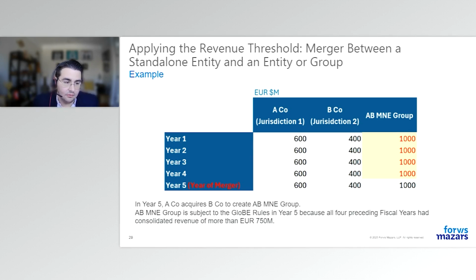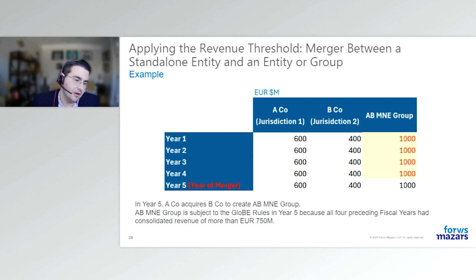Again, keep in mind, none of these standalone entities have ever been in Pillar 2, because A-co, while it's been trending at that happy medium, has never hit the 750 million euro threshold, at 600. B-co, however, has been at almost half of that.